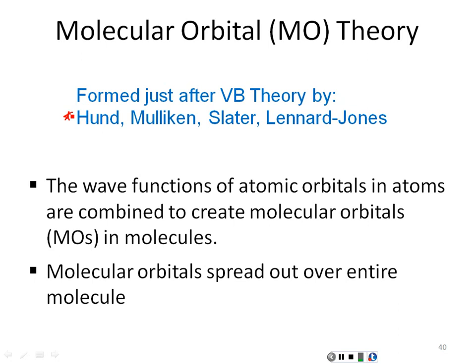We're not going to be talking about the math at all when we talk about molecular orbital theory, so don't get worried about that. But it is very, very heavily math-based. Another important thing to point out is that the molecular orbitals are spread out over the entire molecule. In valence bond theory, your hybrid orbitals are localized on each atom. But in molecular orbital theory, the new molecular orbitals spread out over the entire molecule.